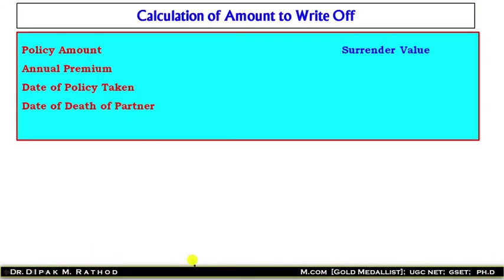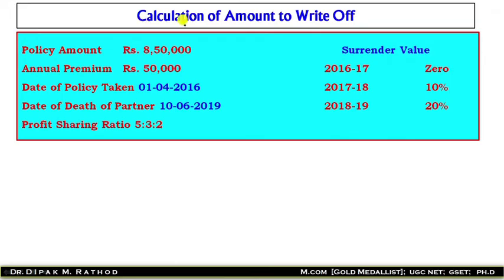So let's do the calculation here. Policy amount 8,50,000, annual premium 50,000, date of policy 1st April 2016, date of death 10th of June 2019. Profit sharing ratio between Raja, Rani and Pradhan is given at 5:3:2, and the information of surrender value.